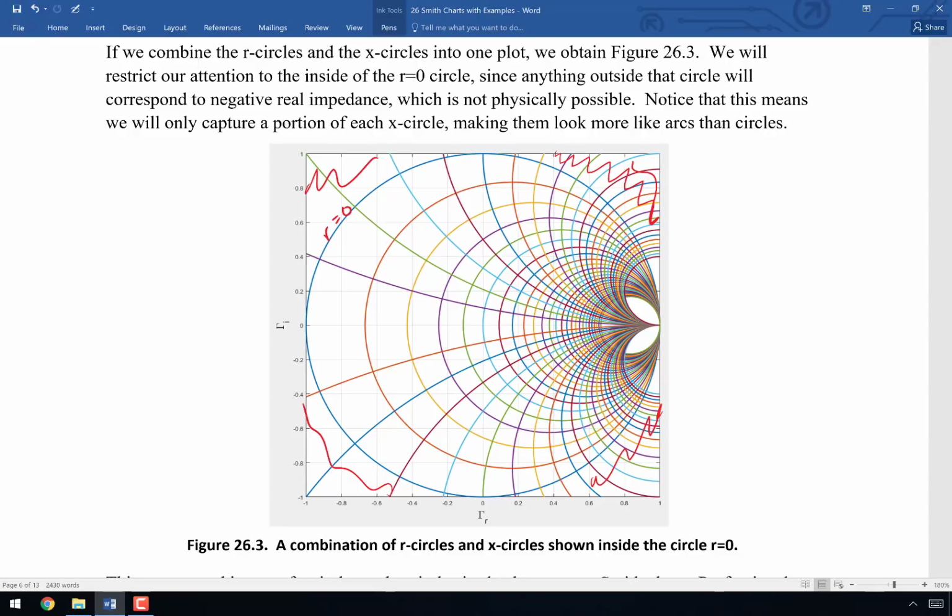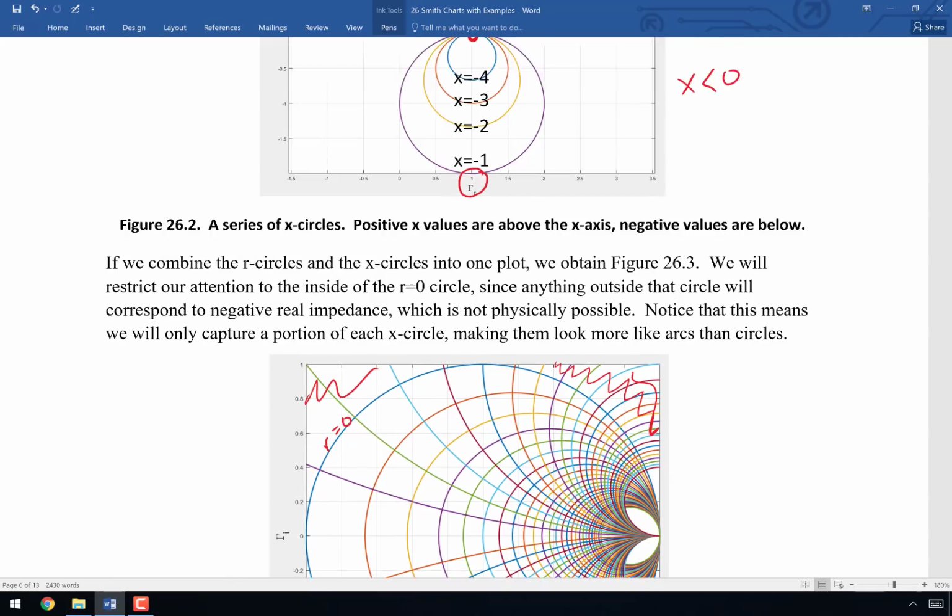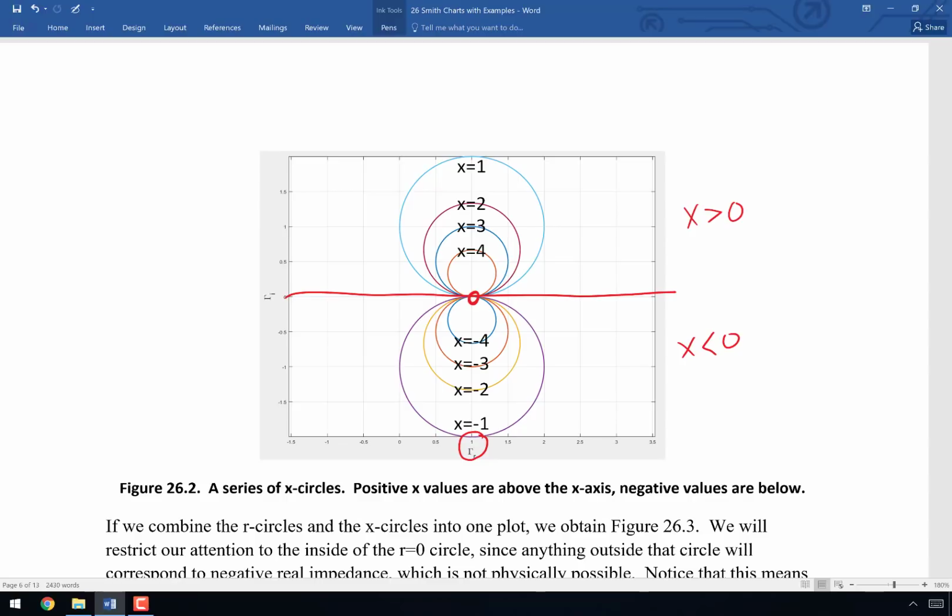Now notice that a lot of the X circles are not really prominent, but we're really only seeing the arcs of the X circles. So they don't look like circles anymore. They look like just curves. They look like arcs. But I want to remind you that if I flip back up here to this picture, they are circles. It's just that the region within which we're looking right now is not going to see the entire circle.